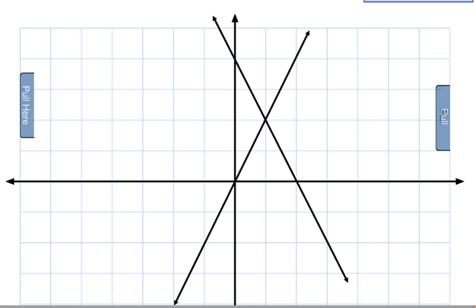And in order to do that, we're just going to graph two lines. Like you see on the screen here, we've got two lines. And on your page, you should have the definition ready for the word solution to a system of equations.